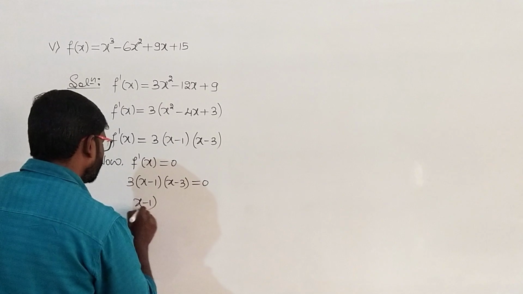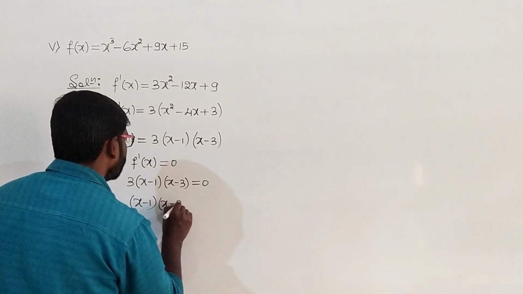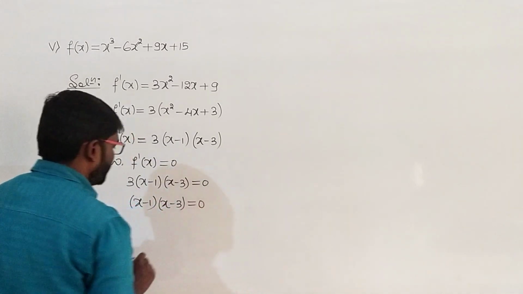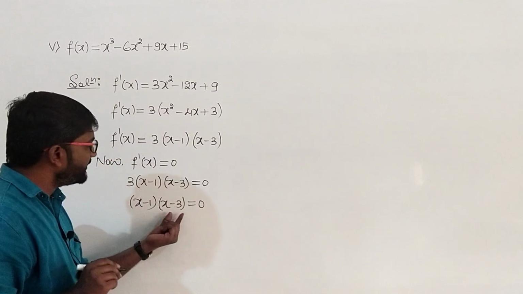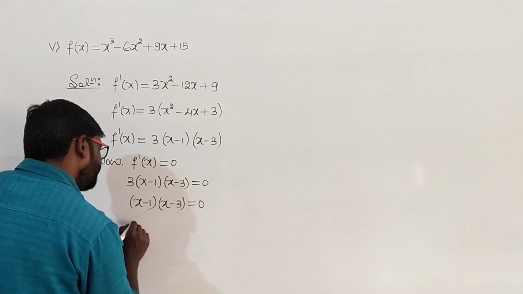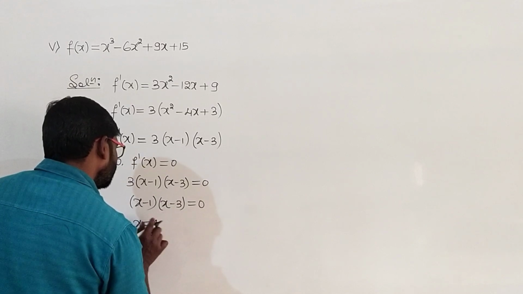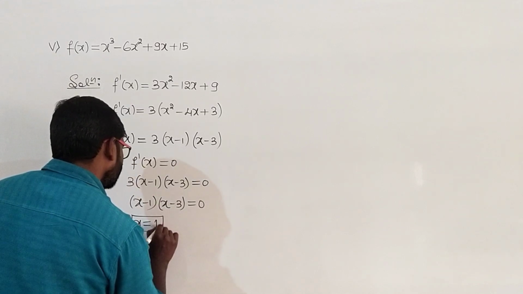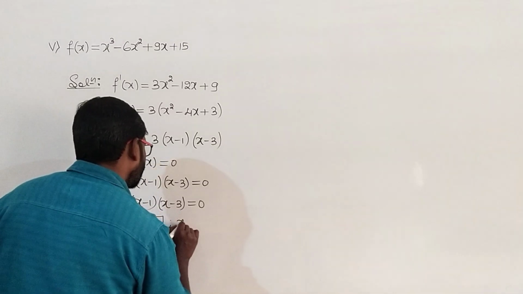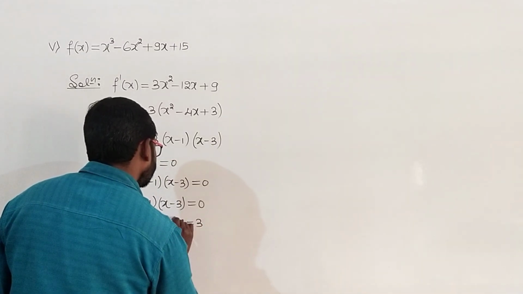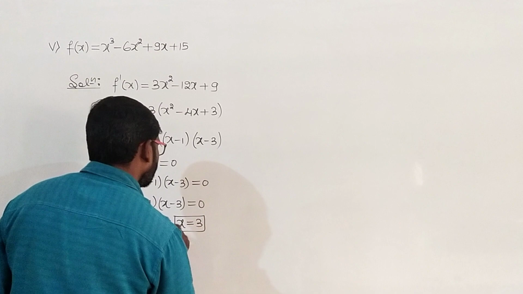Overall we have x minus 1 into x minus 3 equals 0. From this you get x equal to 1, and from this you get x equal to 3.